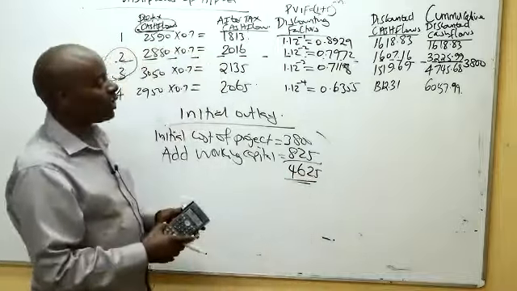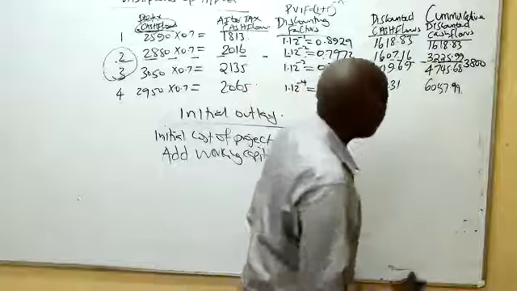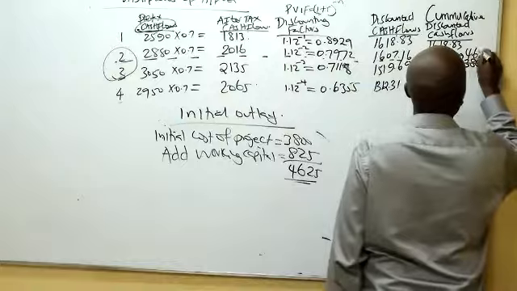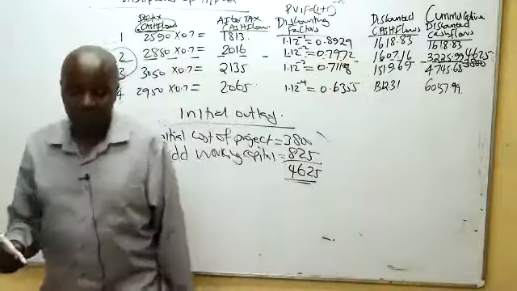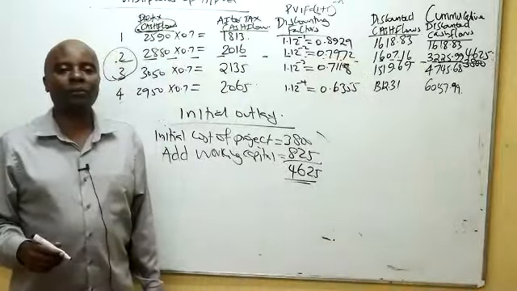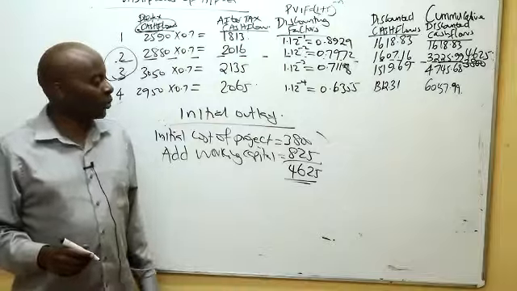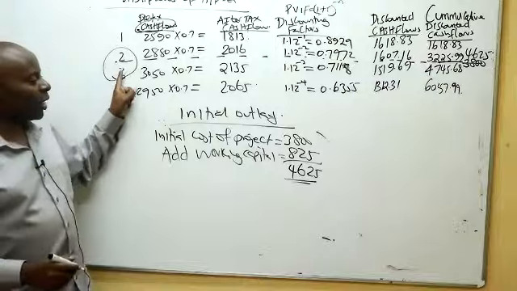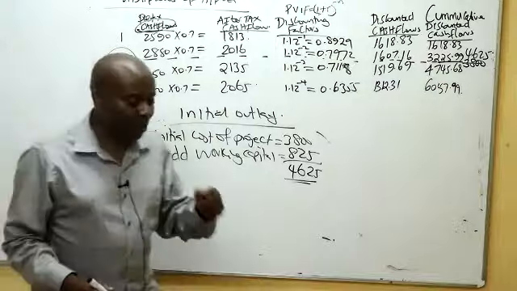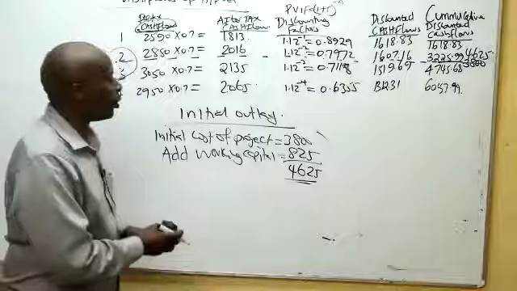So where does 4,625 fall? Still 4,625 falls in between years 2 and 3. So I would want to hear from somebody, what will be our payback period?